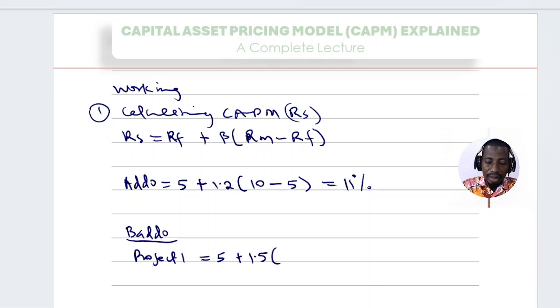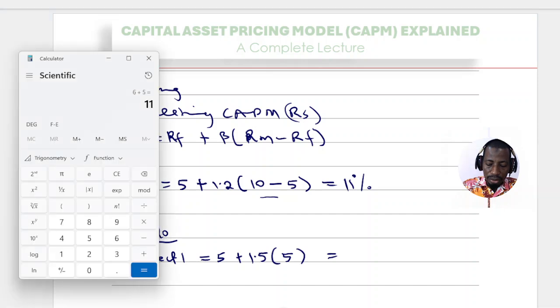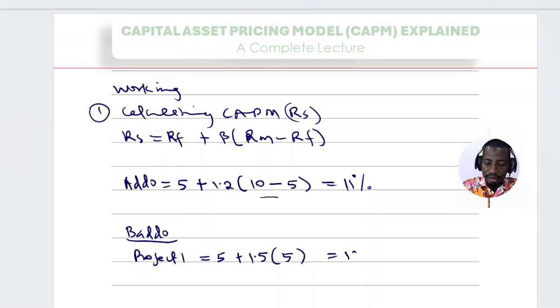The difference between market return and the risk-free rate of return is 5. So equal to 5 multiplied by 1.5 plus 5, equal to 12.5%.